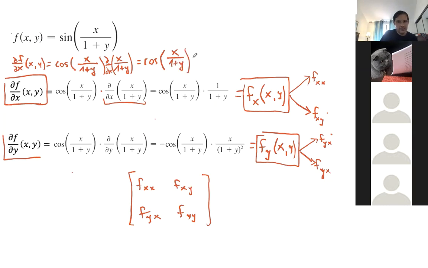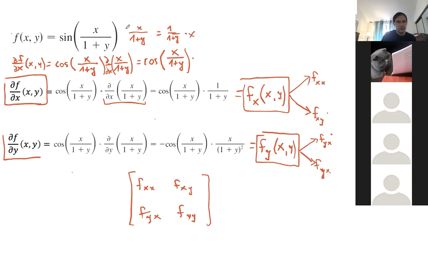And then let's see, what's the derivative of this function with respect to x? Let me just write this function again. So the function is x divided by 1 plus y. Okay, I can also write this function as 1 divided by 1 plus y, times x.